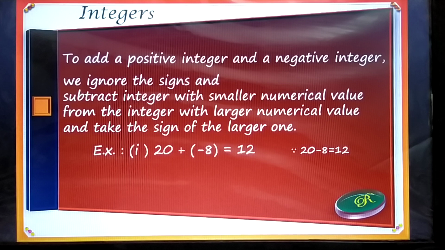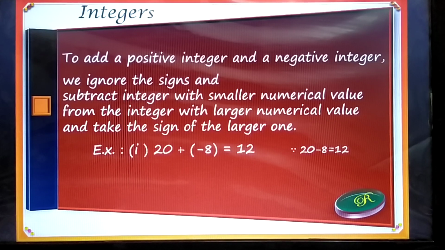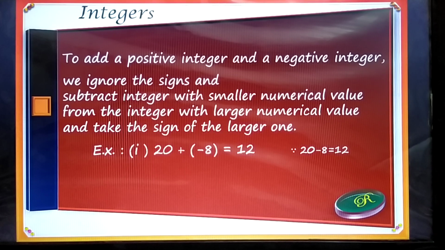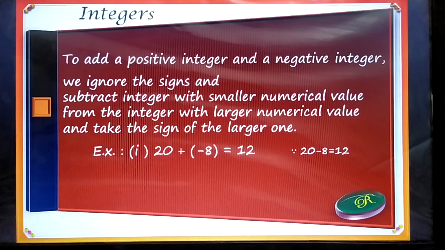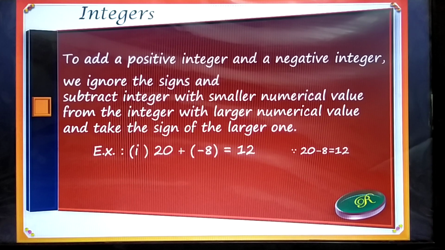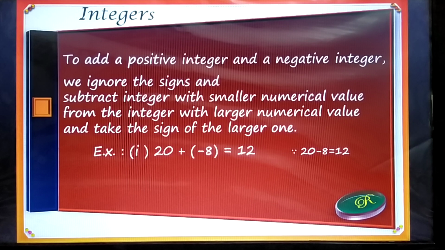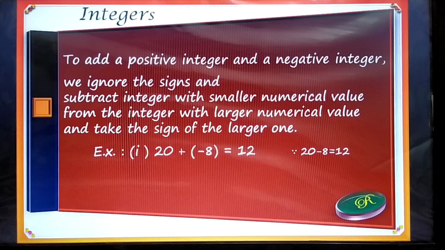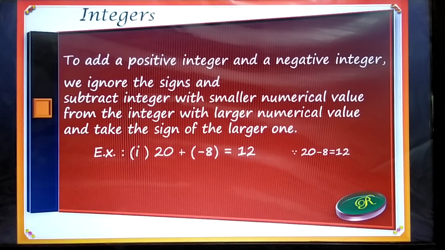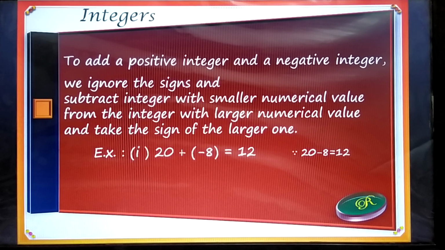In this example, first, we should subtract 8 from 20, that is 12. Since greater value 20 is having a positive sign, therefore, we should assign positive sign to the difference 12.